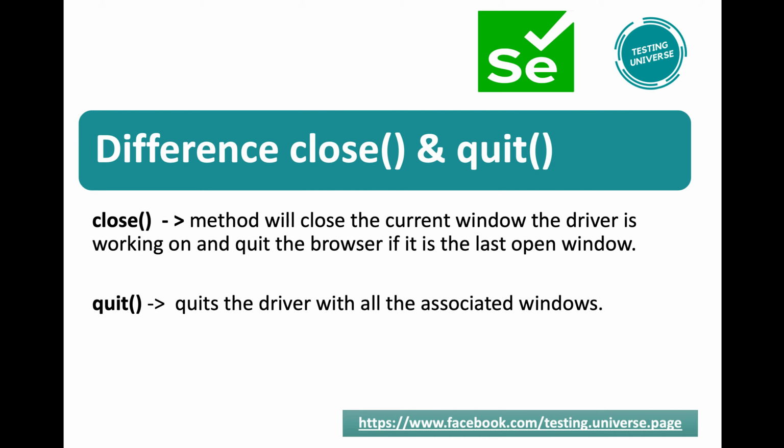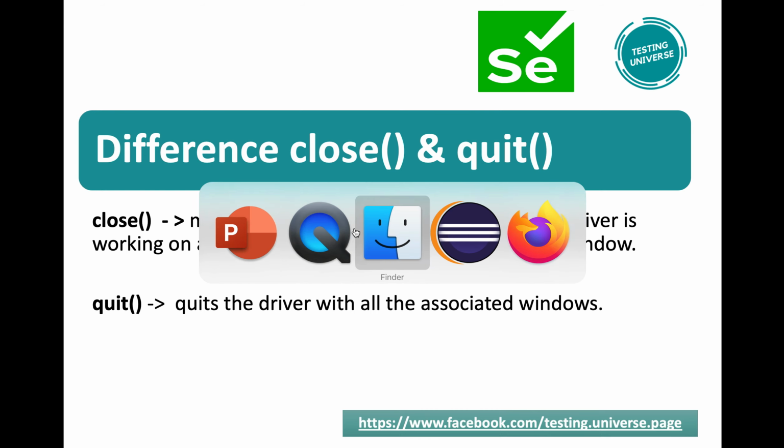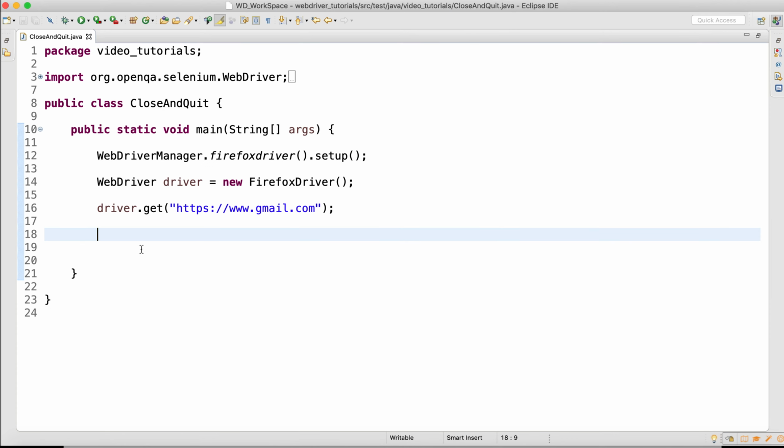If you have opened multiple windows and you don't want to work on any one window, you can use the close method. But at the end of the execution of your program, you can always call the quit method, so that the driver instance will also be terminated. Let's try to understand with some demonstration.